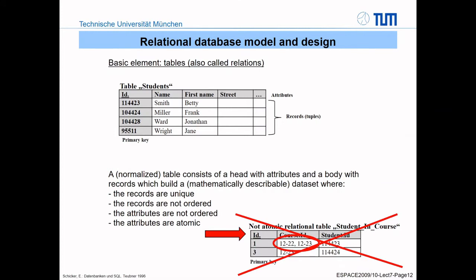The first column, mostly just one single column, but you can also combine two columns into one of these keys, is called the primary key. So you have a very specific attribute, which is the key, and you have the rest of the attributes which you can find if you search for a special key.